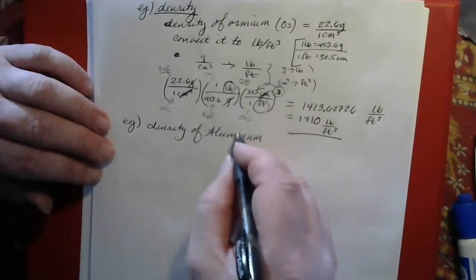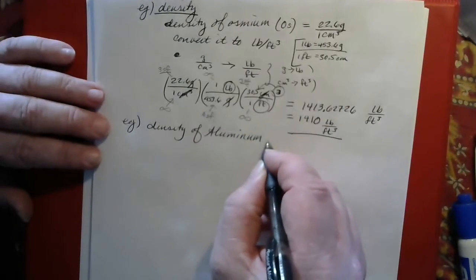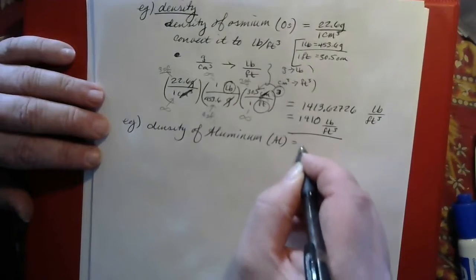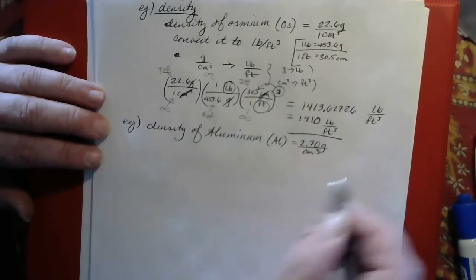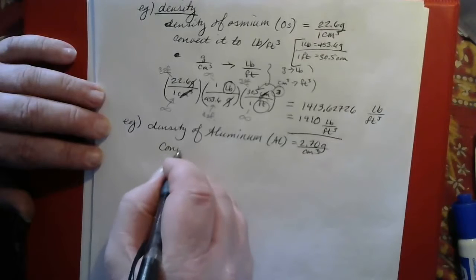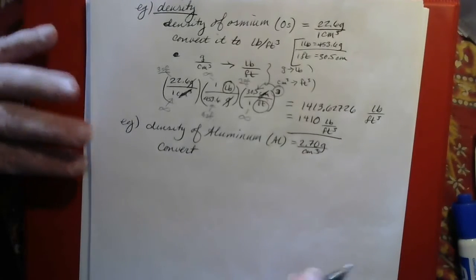We know that aluminum is one of the least dense metals. It's very light for its size. The density of aluminum is only 2.70 grams per cubic centimeter.